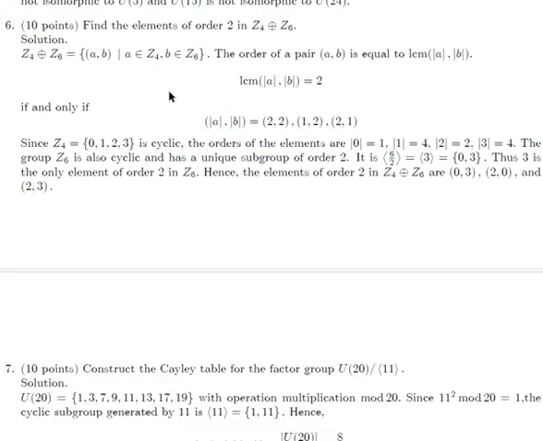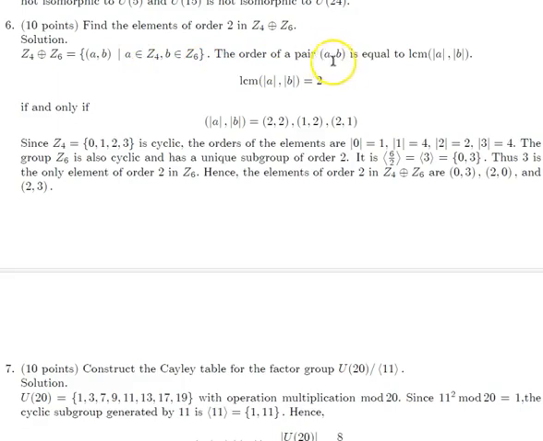Problem 6. Find the elements of order 2 in the external direct product of Z4 and Z6. Solution. The external direct product of these two groups consists of all pairs (a, b), such that a is in Z4 and b is in Z6.